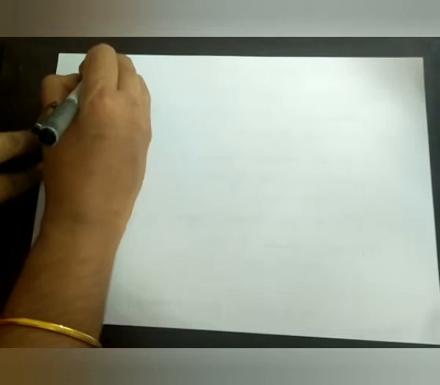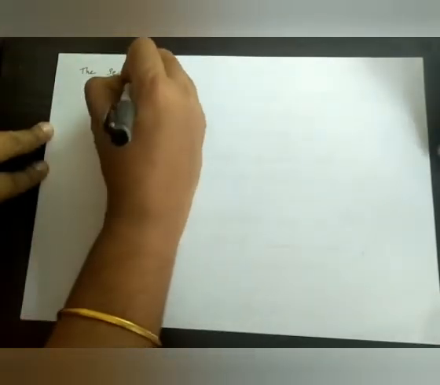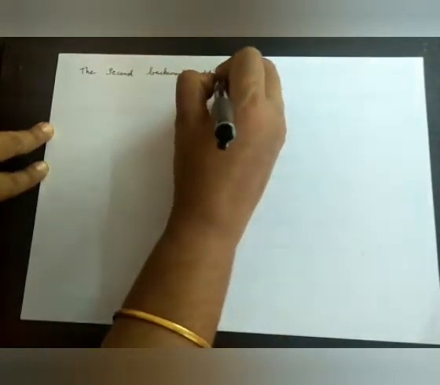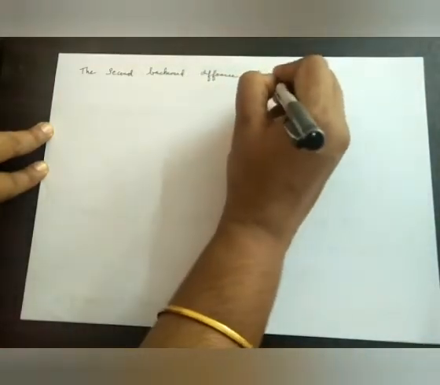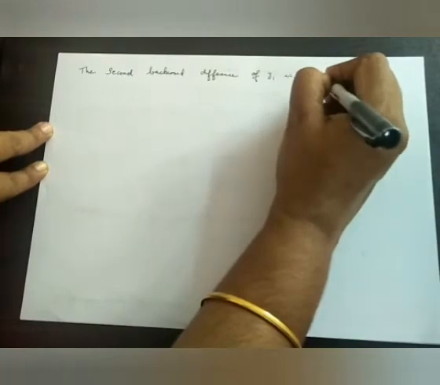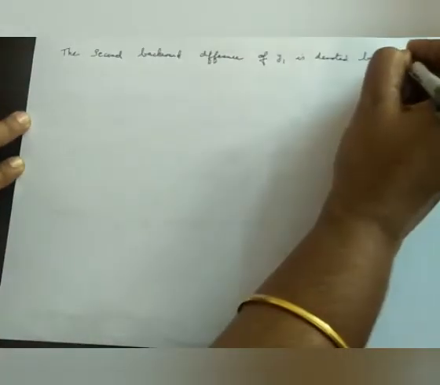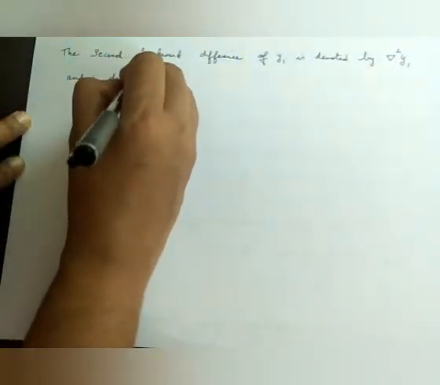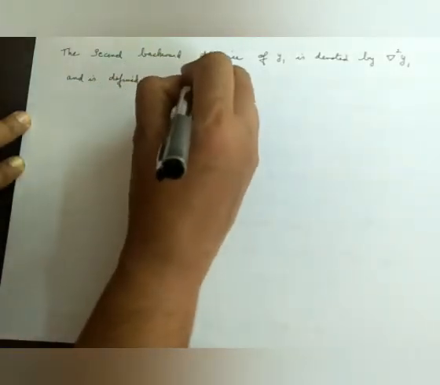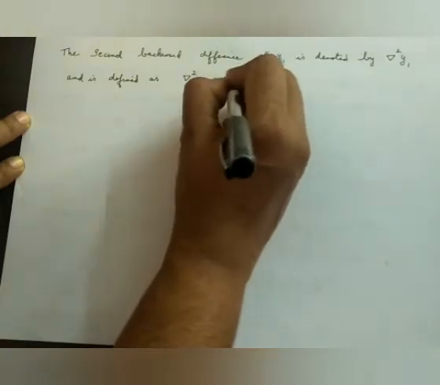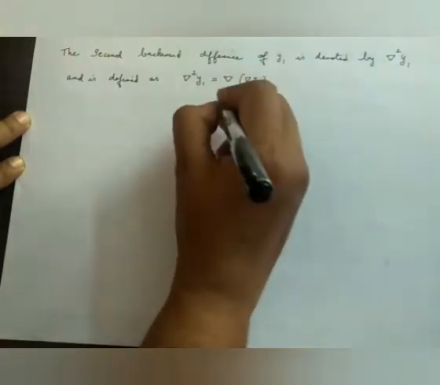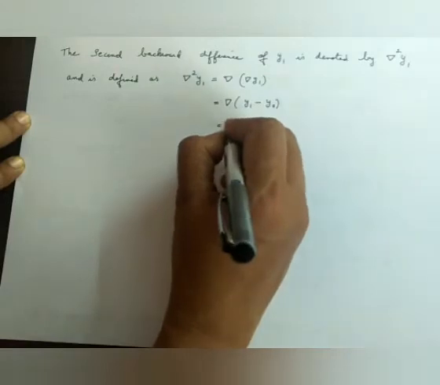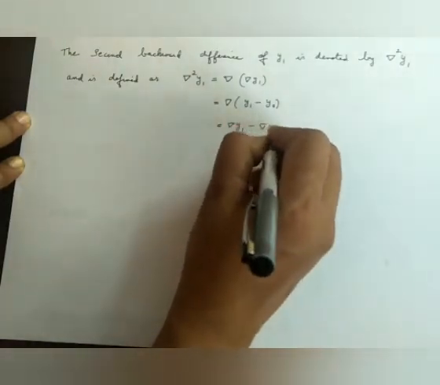The second backward differences. First, the second backward difference of y1 is denoted by del square y1 and is defined as del square y1 is equal to del of del y1, which is equal to del of y1 minus y0, which is del y1 minus del y0.